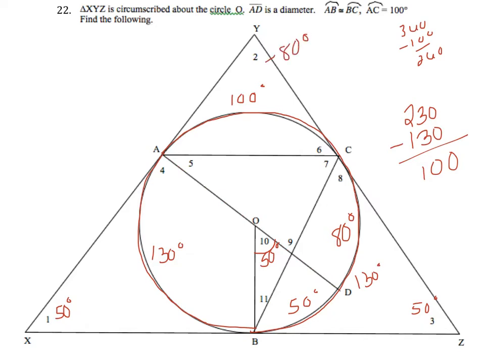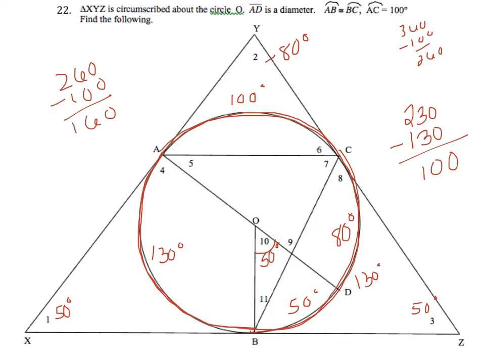But we could verify that angle 2 is 80 by taking the arc from A all the way over here to C, minusing the arc of 100. So in other words, if I take my 260 minus my 100, I get 160, and if I divide that by 2, I get 80. So angle 2 does definitely work out to be 80. All right, so we found angle 1 is 50, angle 3 is 50, angle 2 is 80.